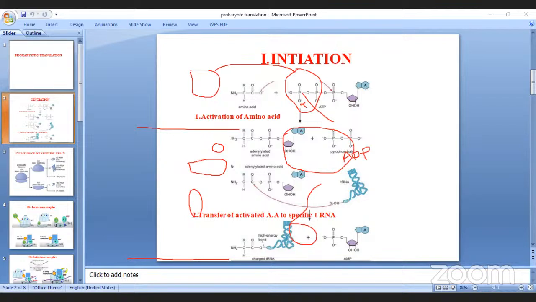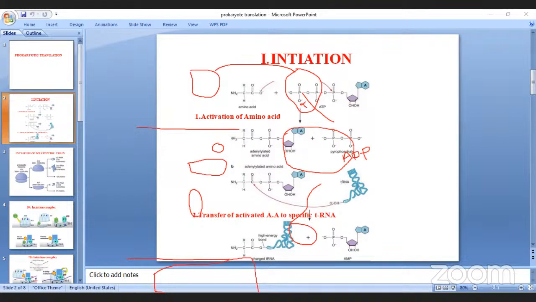As a result, the aminoacyl tRNA complex is formed. This is aminoacyl tRNA complex, or charged tRNA. Charged tRNA means the amino acid carboxyl group forms a bond with the hydroxyl OH group with an ester bond.